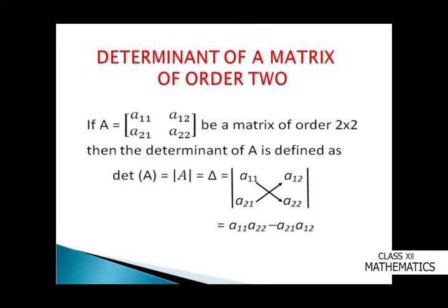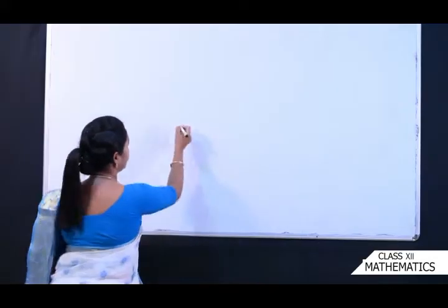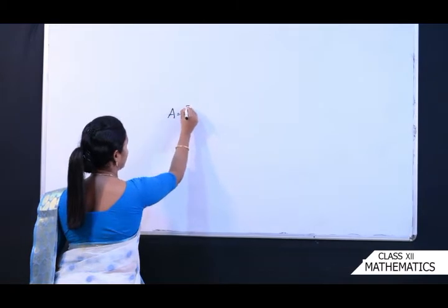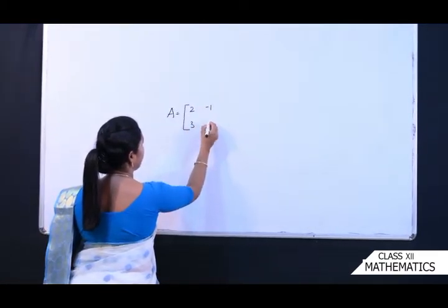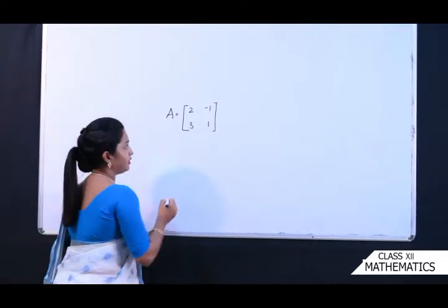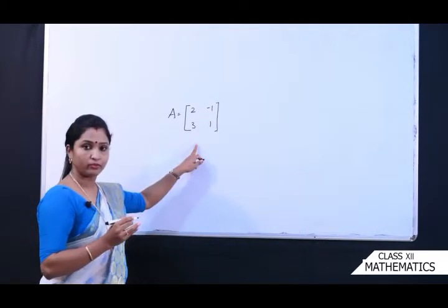You can see here, I'm taking a 2 by 2 matrix. A is equal to, suppose, 2, minus 1, 3 and 1. It's a 2 by 2 matrix, right?